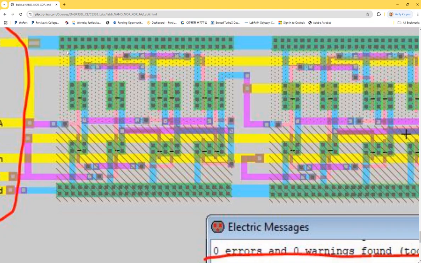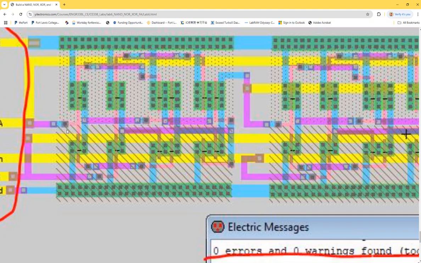So what are the dots? Dots are N-wells. PMOSes have to be fabricated in N-wells. So the N-wells are the substrate for the PMOS. We'll cover more about this later. The N-well is the body of the PMOS, and the P sub is the body of the NMOS. The dashed lines are not a specific well.